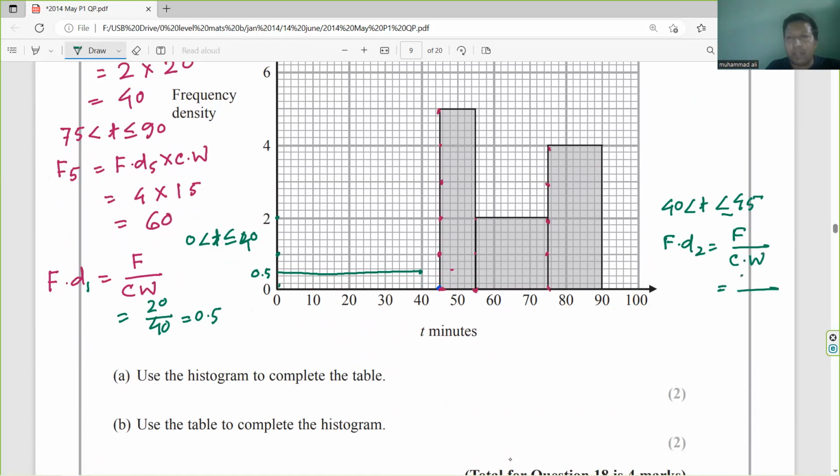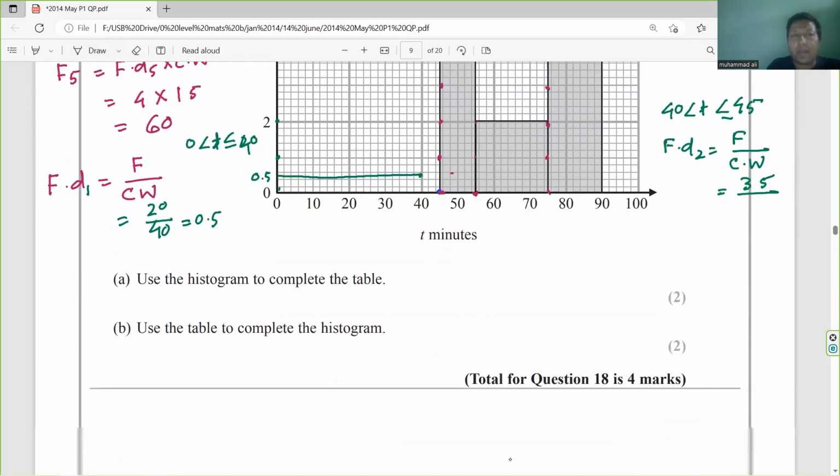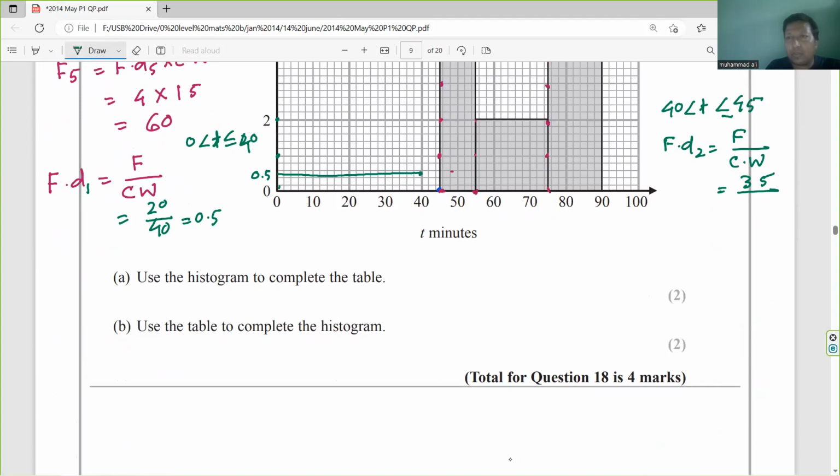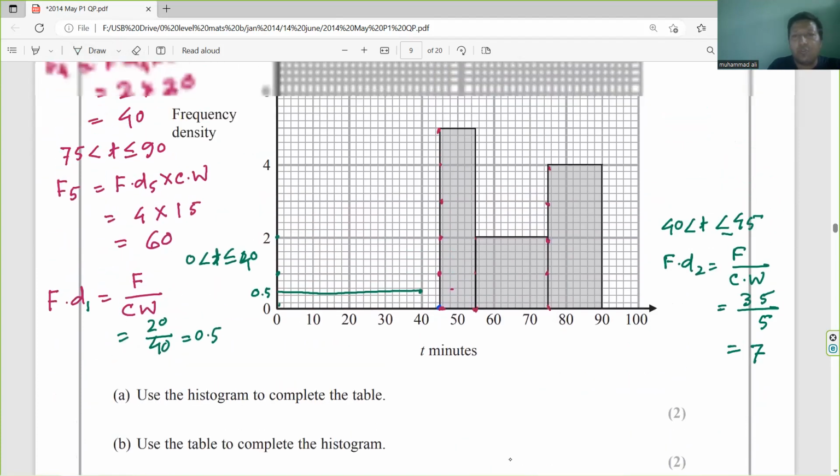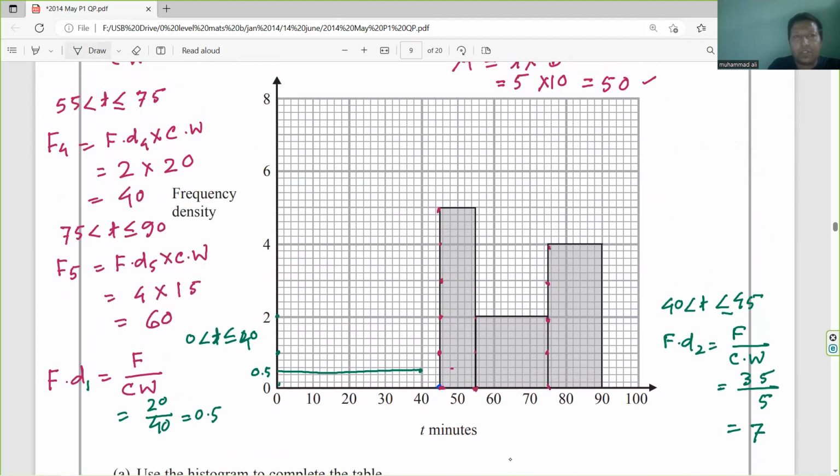The frequency is 35 and the class width is 5, so if we divide, we get 7. So for 40 to 45, the frequency density is 7, represented vertically up to here. So our histogram is also completed.